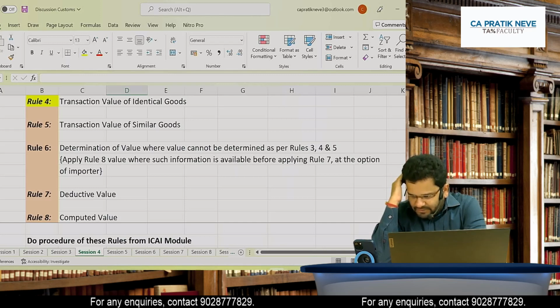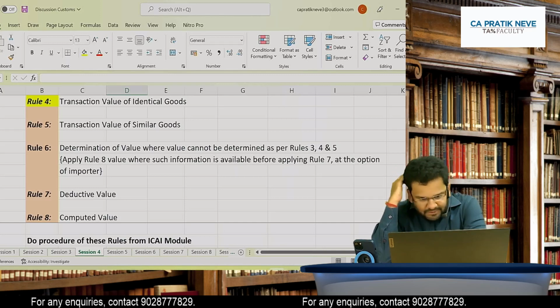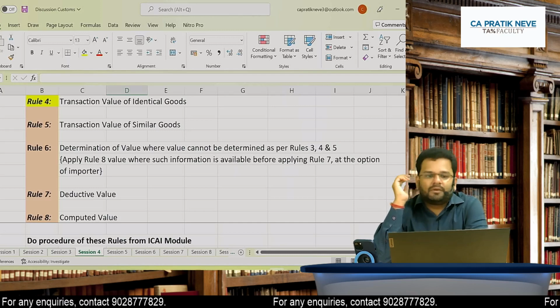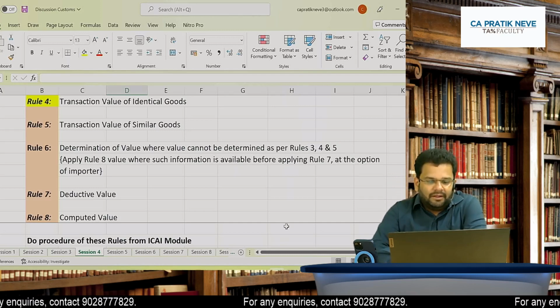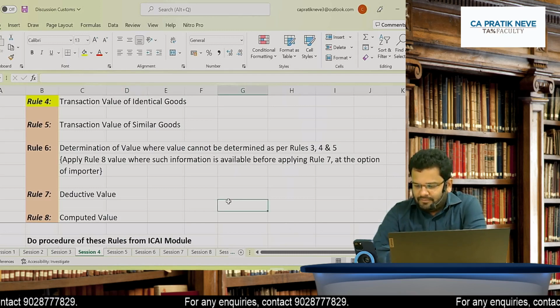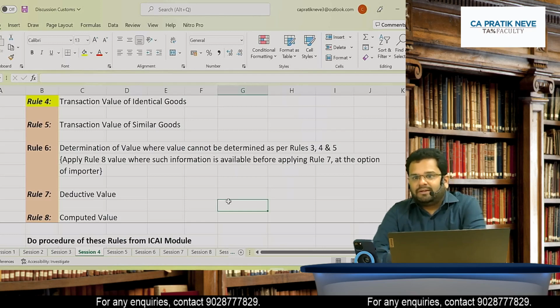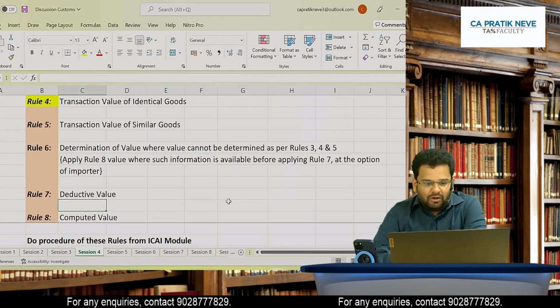Yes, you prefer doing it in the morning. Okay, good. Chalo, let's go ahead. You want a 6 o'clock batch also. Let's see what all can be done.